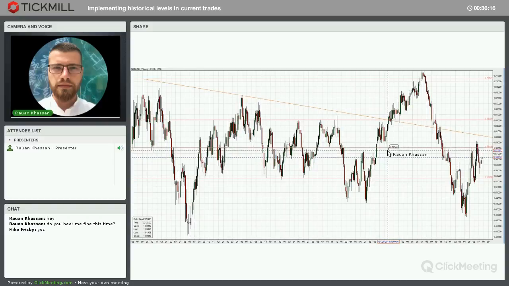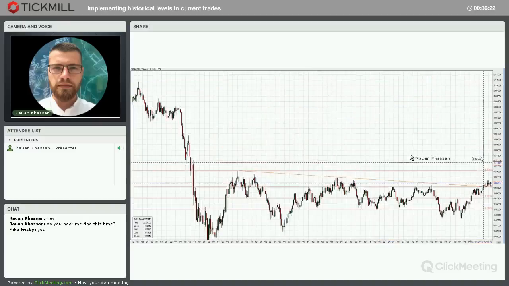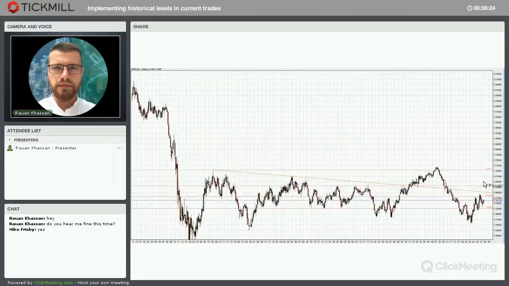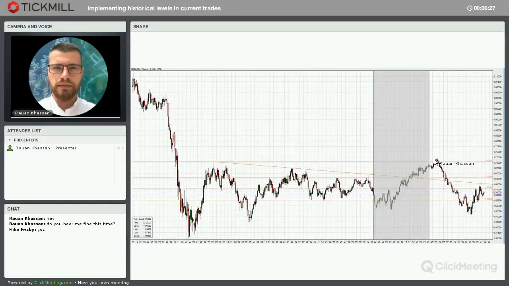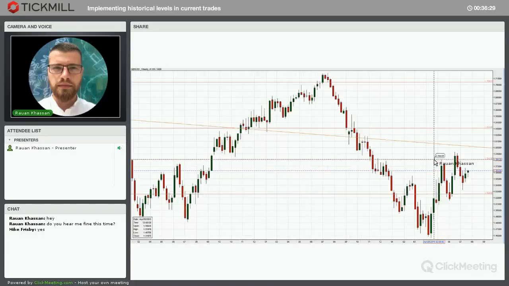Different situation appeared just recently this year when the price has used this historical level, which for the moment started 17 years ago, as a very precise point for targeting of buy stops.